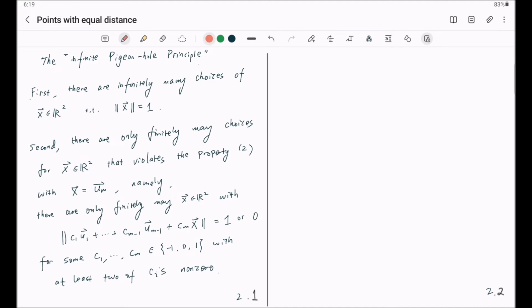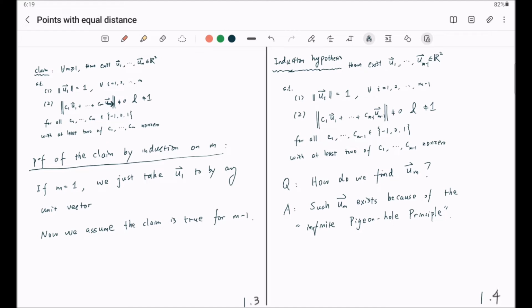And if you combine the first and the second, you will see that since there exist infinitely many choices for the unit vector, but only finitely many choices for x that violates number 2, there must exist a choice of u_m that makes both 1 and 2 hold. In fact, there should be infinitely many choices for u_m.